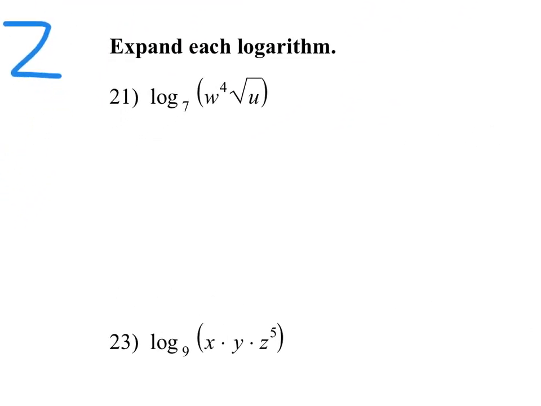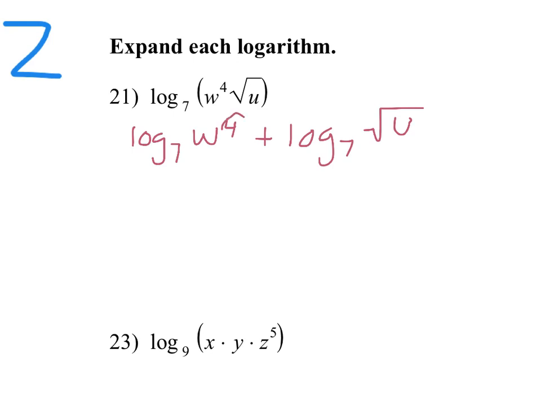Okay, next we're expanding the logarithm. So here we see that in here we're multiplying. So that means we're going to break it up and add them. So we have log base 7 of w to the 4th power plus log base 7 of the square root of u. So every time we break something up, everything needs its own log.